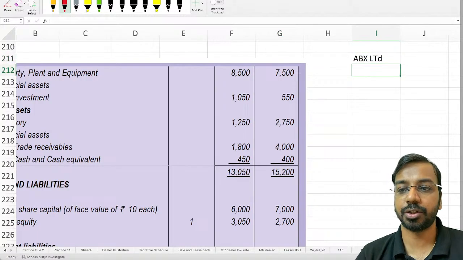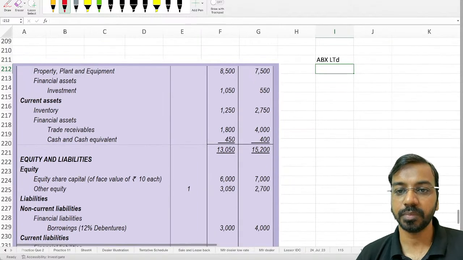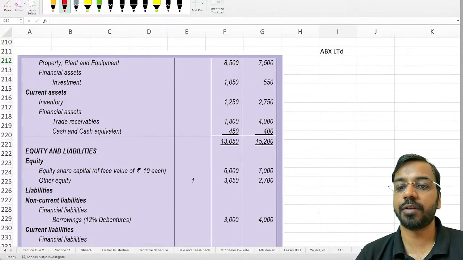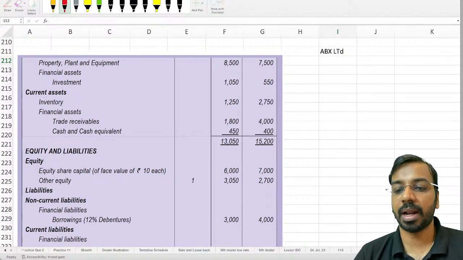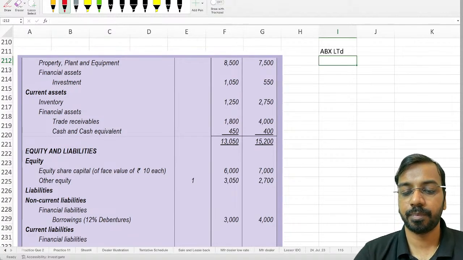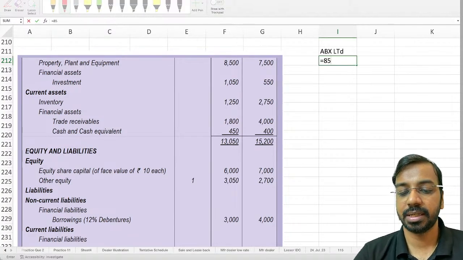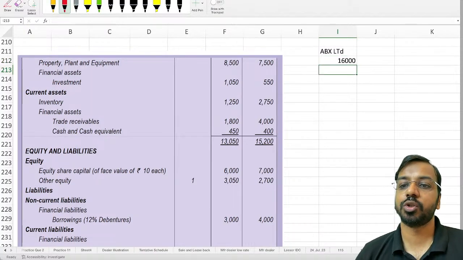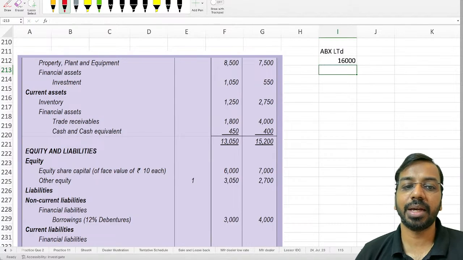Now in the combined balance sheet, we'll add items line by line. So what is the first item? You have taken over property, plant and equipment, which is 8,500 from AX plus 7,500 from BX. I hope the screen is clear. So 16,000 is for ABX Limited.